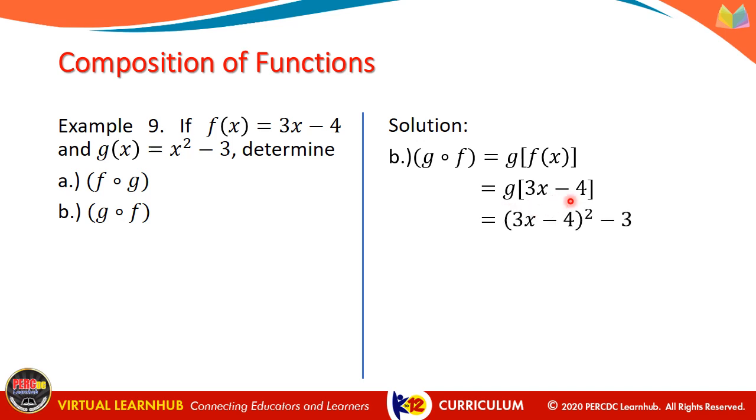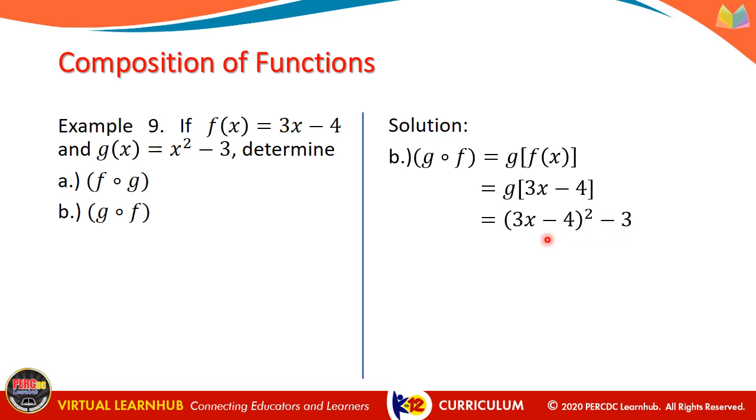Then next, we just need to plug 3x minus 4 in x squared minus 3. We will replace this with 3x minus 4. And that would be 3x minus 4 squared. It is squared in here, minus 3. So we have here minus 3.